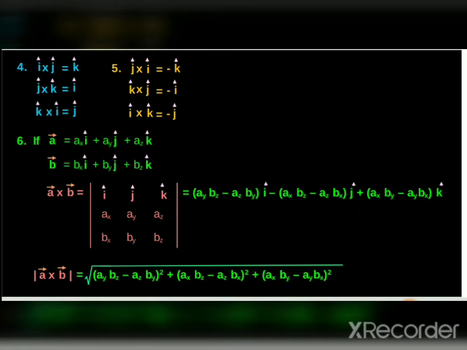Similarly, j cross i is minus k, i cross k is minus j. It depends on the projection or the coordinates which you are considering.